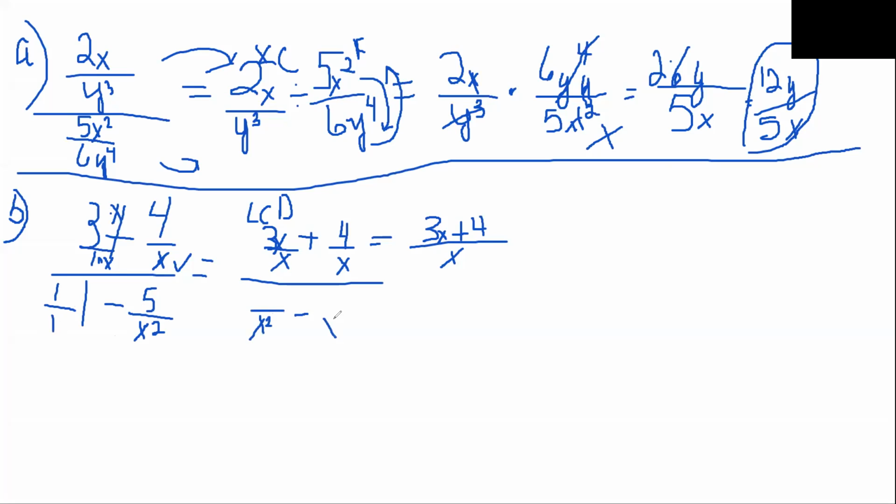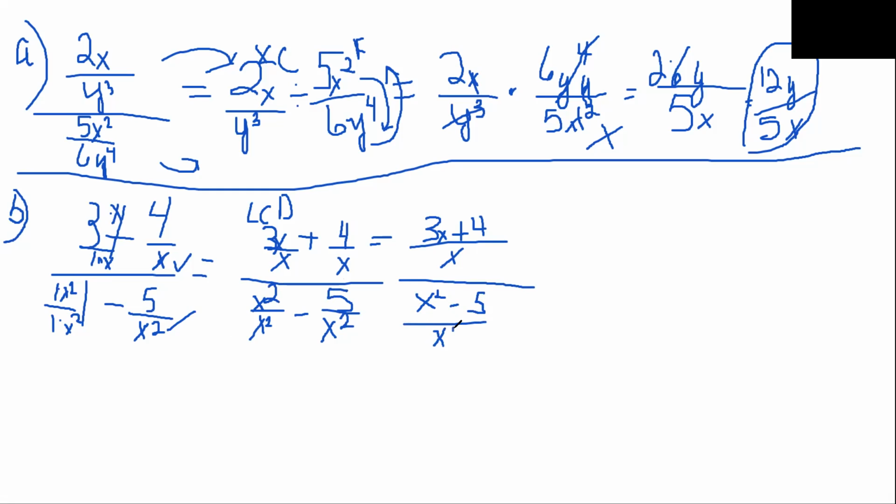Once again, I multiply this by x squared to get my denominator x squared, so the top will be multiplied by the same x squared. There I get x squared minus 5, which checks out to have the same denominator. So this fraction will be x squared minus 5 over x squared.